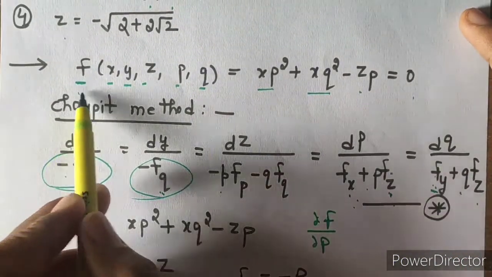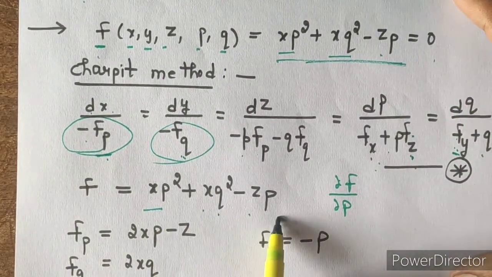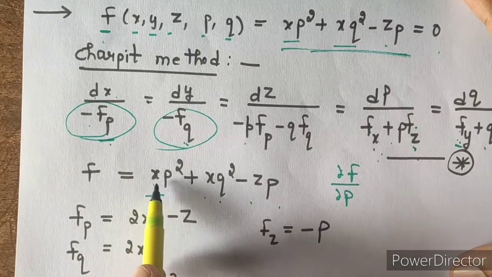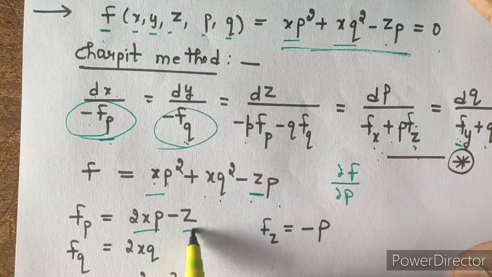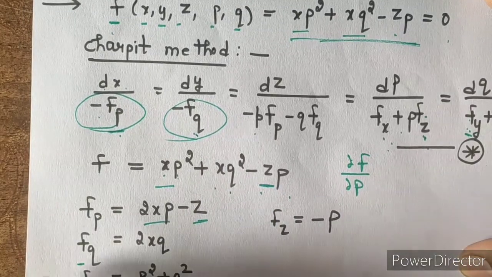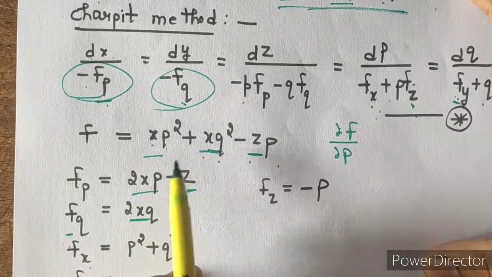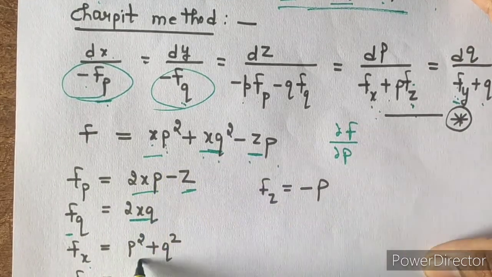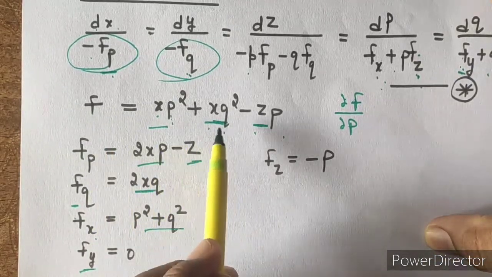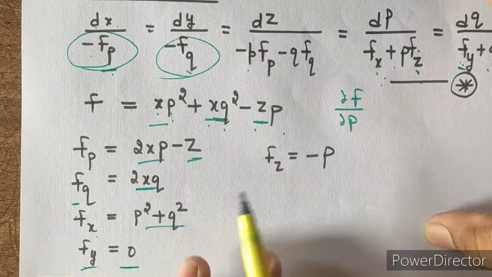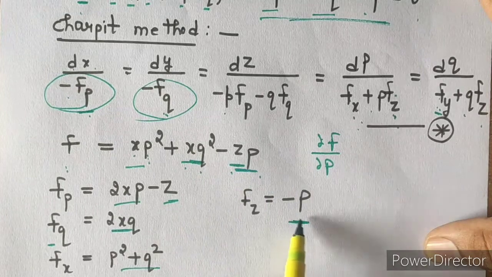The function f is xp² + xq² − zp. Then the partial derivative of f with respect to p is 2xp − z. With respect to q it is 2xq, and with respect to x it is p² + q². With respect to y, the function is independent of y, so the partial derivative is 0, and the partial derivative of f with respect to z is −p.